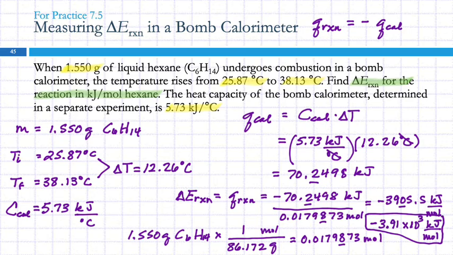Is this 3,905 a big number or a tiny little number? Oh, no, sorry, I thought 3.91. Okay. 3.91 is pretty small, but 3,905 is a big number. So this is a positive exponent.